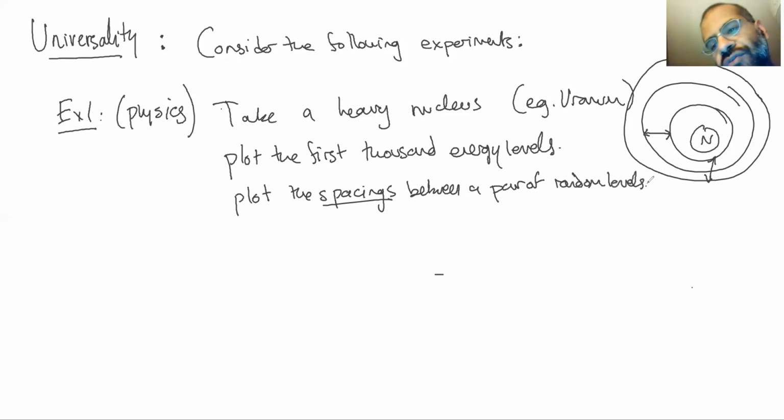So if you pick 2 at random, you get some statistical distribution, with a mean and standard deviation, of what the spacing is. Plot that.